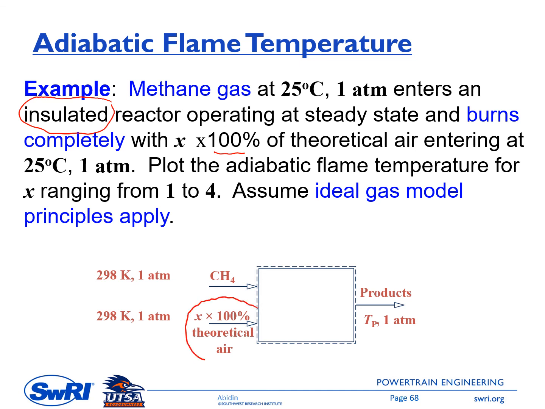So here we have a variable amount of air, where x represents the variable. Then plot the adiabatic flame temperature for x ranging from 1 to 4, and assume the ideal gas model principle applies.